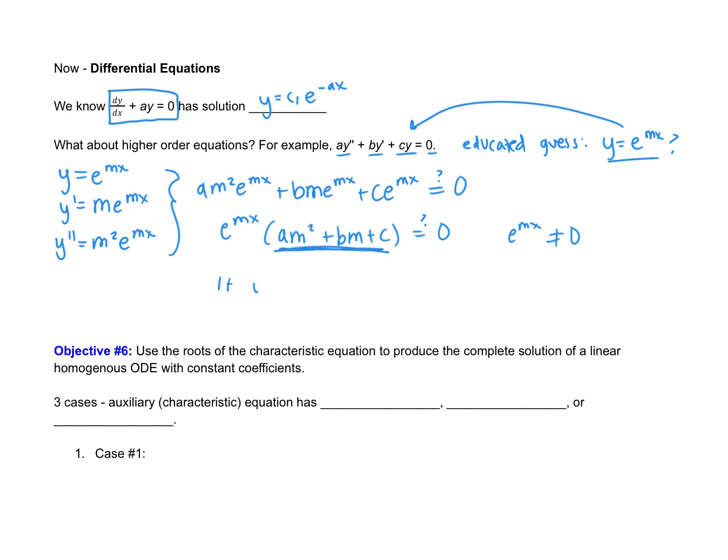So if y equals e to the mx is a solution, then m must be a root of that factor above, am squared plus bm plus c equals 0. So that's what we're going to be investigating now. We're going to be looking at this factor, which is called a characteristic equation, and we're going to be finding those solutions or those roots.